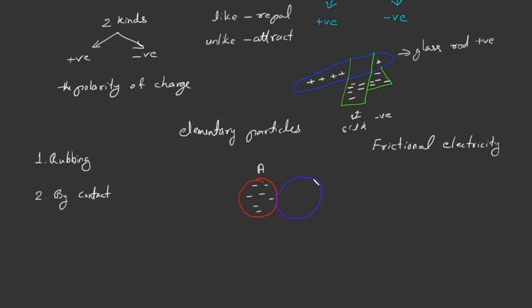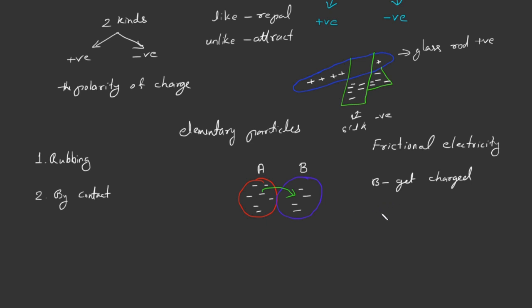What happens when it makes contact with another material B? Some electrons move from A to B, which makes B negatively charged. So B gets charged by making contact with the charged material A.